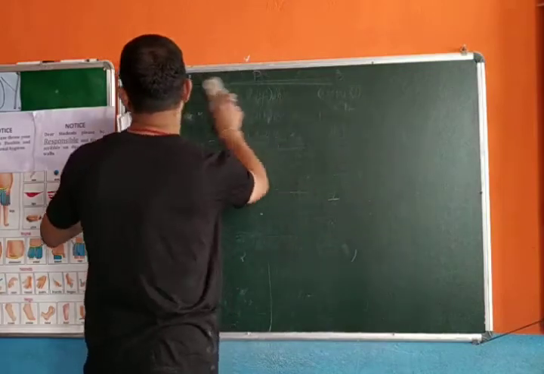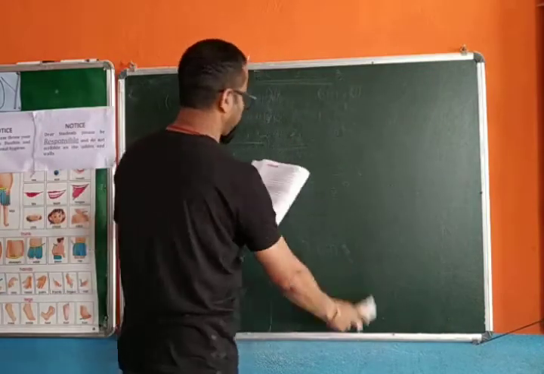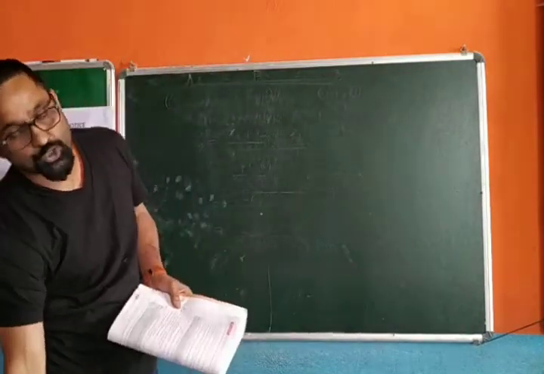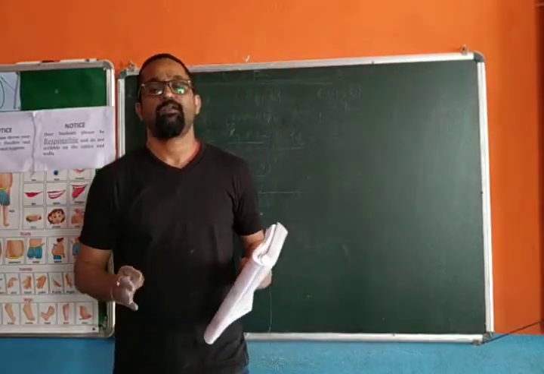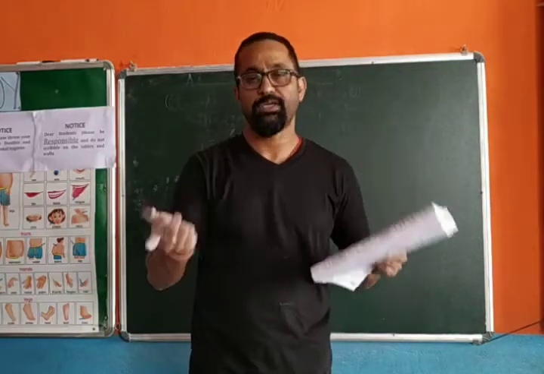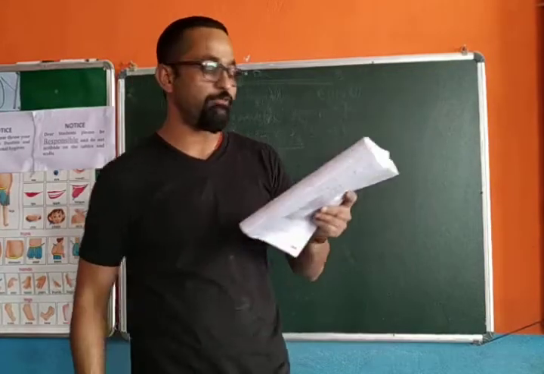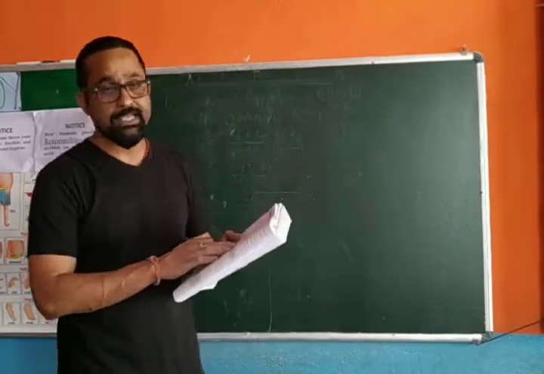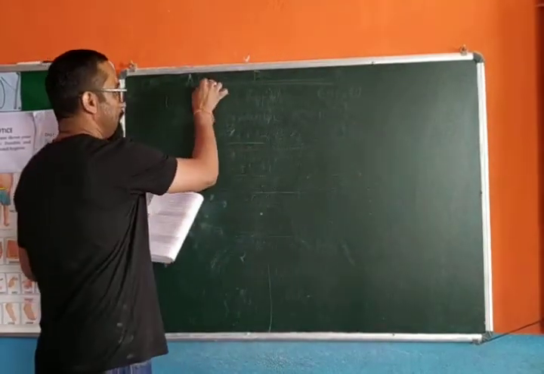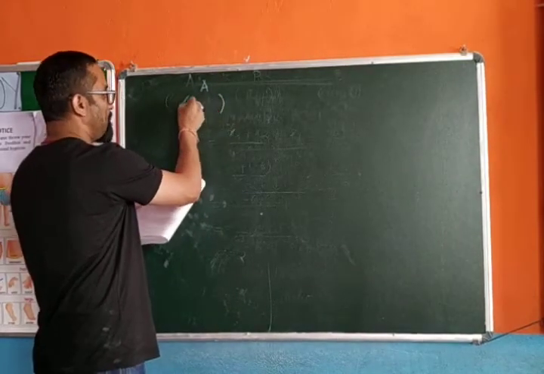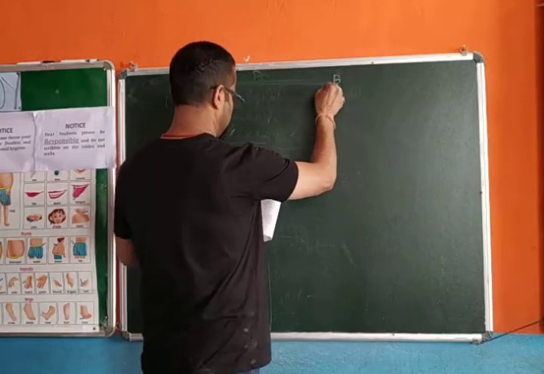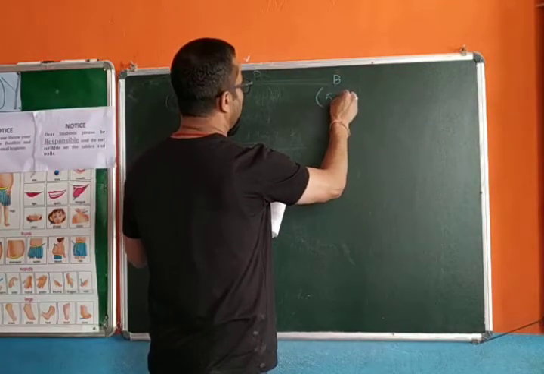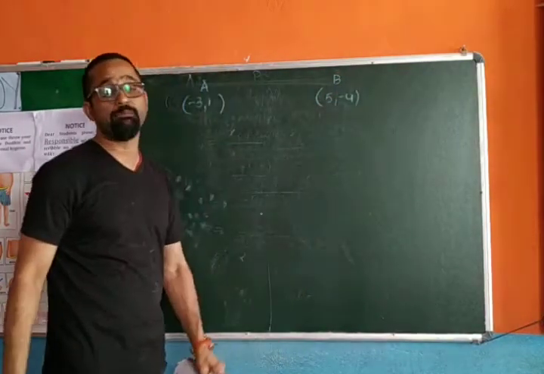Question number 6 is an important question. Question does not say midpoint, but it has a condition which tells you that we can use midpoint formula and solve it. The line segment A (-3, 1), B (5, -4) is diameter.